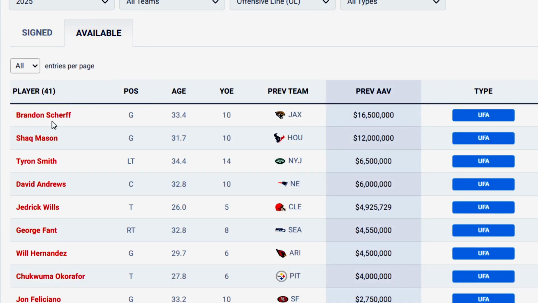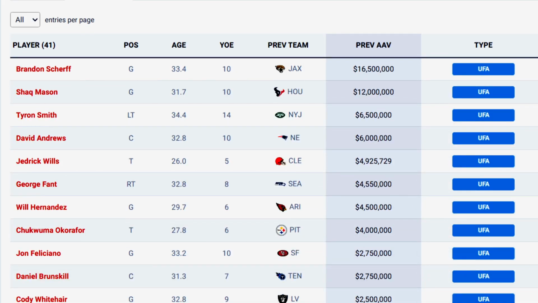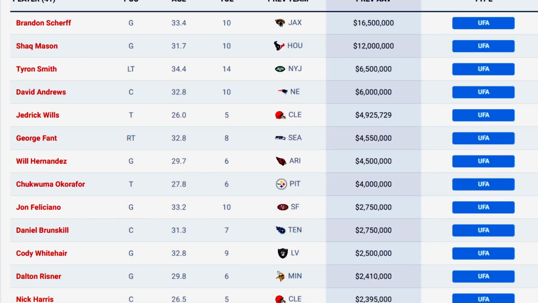It's Brandon Scherf, who at this point, I guess, might retire. We'll have to see if he retires or not. Shaq Mason. Will Hernandez is still available, which does interest me a lot. And the more time he's available, the more I feel like Cincinnati's going to start looking at him.